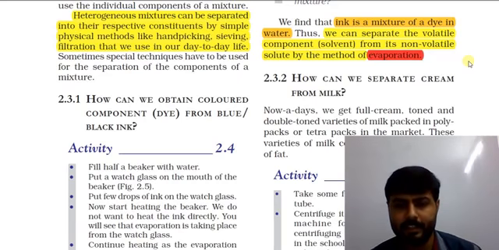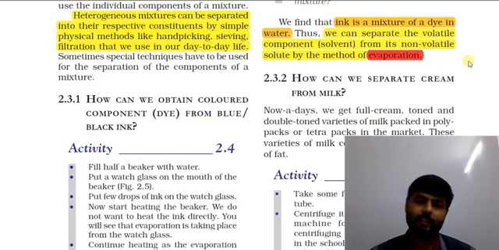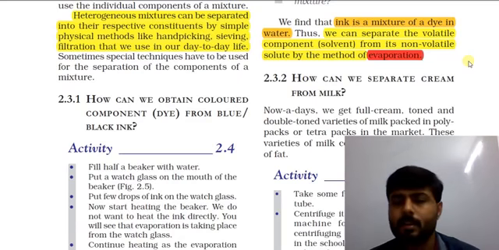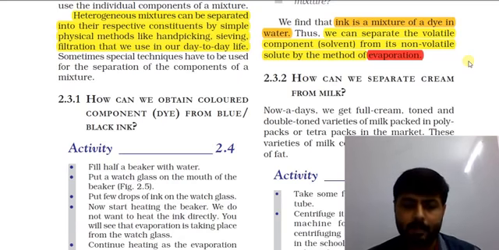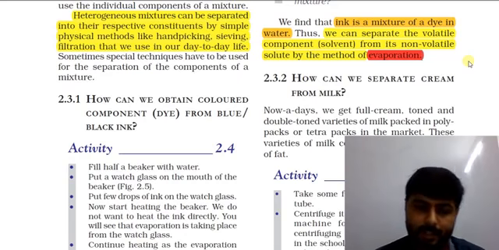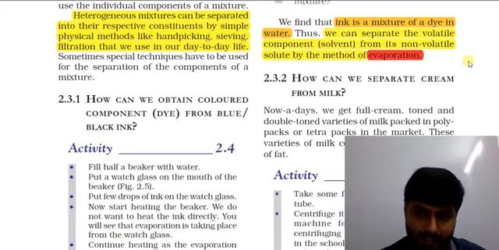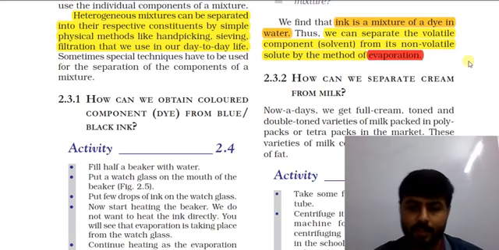Try to understand and try to find examples of the evaporation technique around you. That will be the best practice to understand this concept. So this is activity number 2.4, in which we separate ink into dye and water. Water is the volatile component, that is the solvent, and the dye is the non-volatile component.